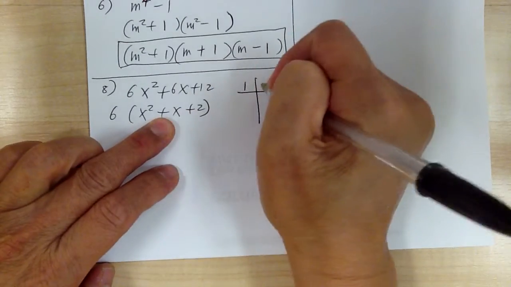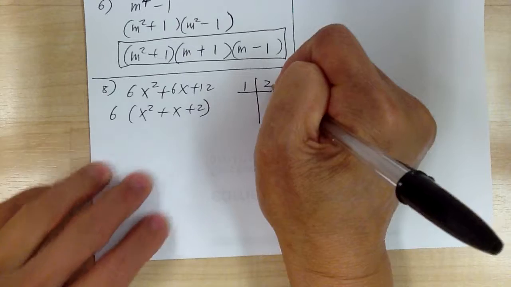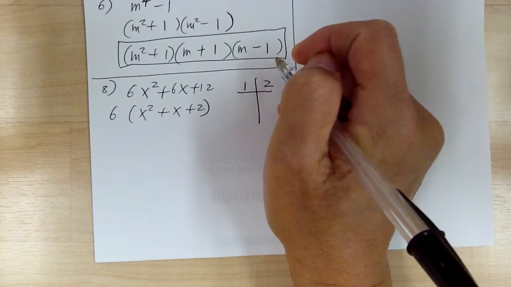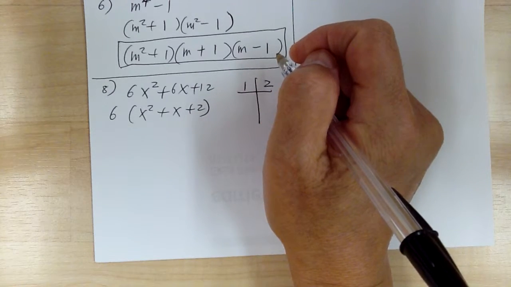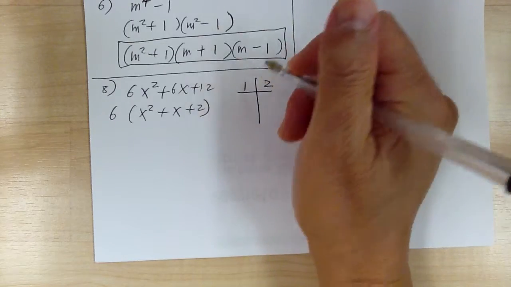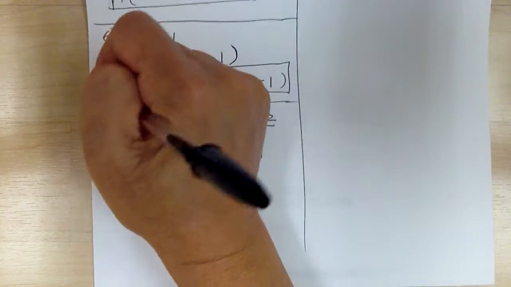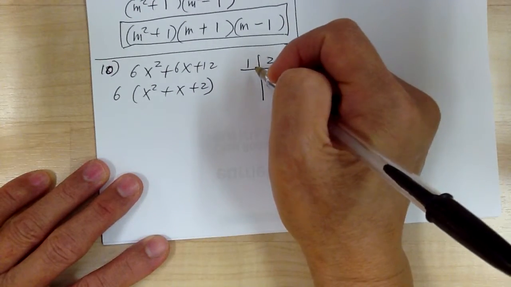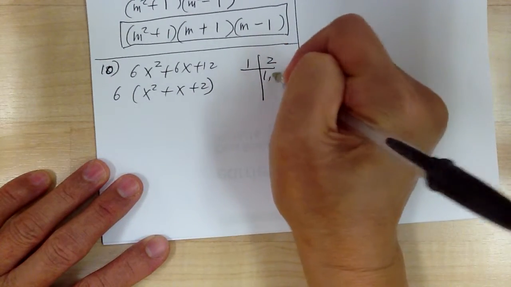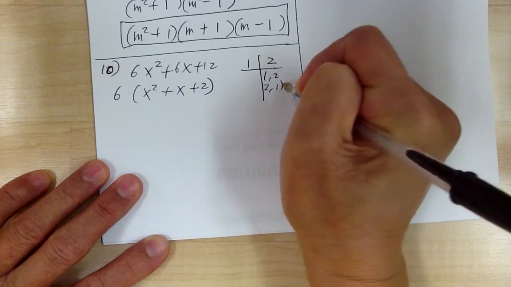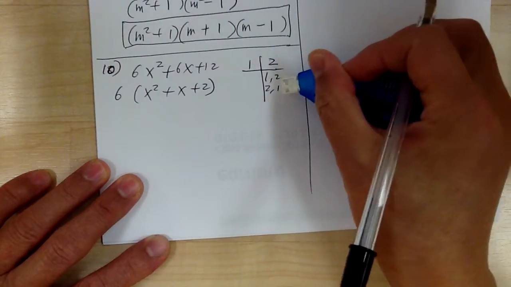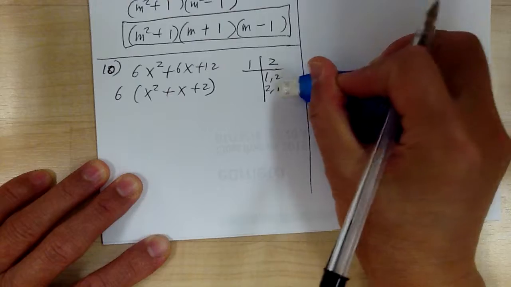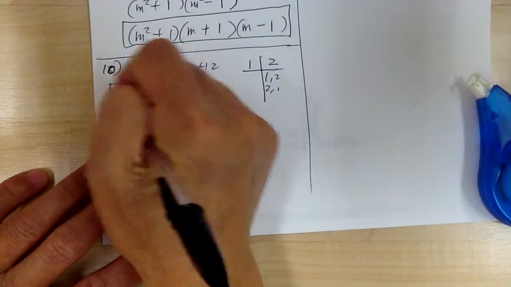So you're going to get 1, and this would be 2. Oh wait, I copied something wrong. This is number 10. Sorry about that. This is 10. Okay, and then check. So 1 comma 2, 2 comma 1 cannot. Okay, so that's as far as you can go. So you cannot do any more, so that's it.